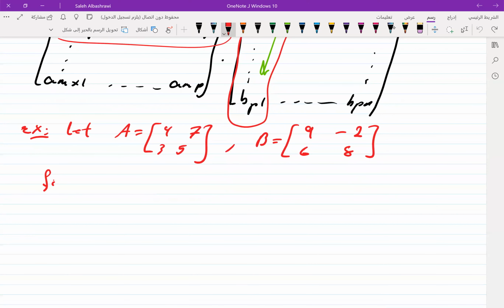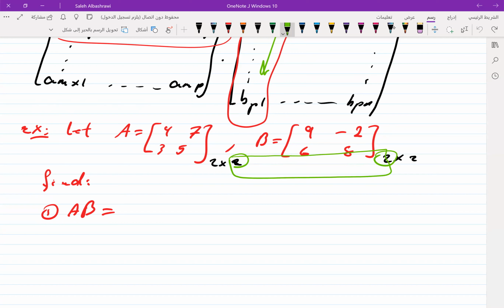Find AB. See the size of A and B: A is 2 by 2 and B is 2 by 2. The number of columns equals the number of rows, so we can apply matrix multiplication. This condition is satisfied. Now to multiply A times B.